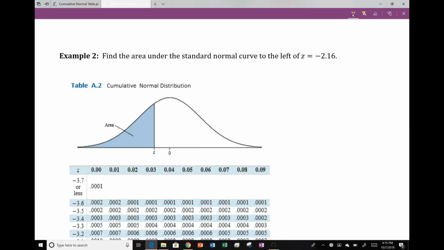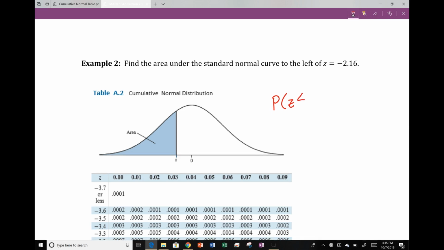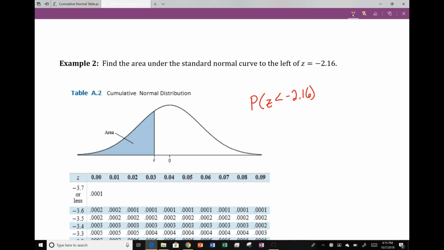So let's find the area under the standard normal curve to the left of z equals negative 2.16. We're still wanting the left, so I'm going to have z is less than negative 2.16. Now you may be trying to remember this symbol, is this a less than, is this a greater than? So let's come back over to the top a little bit.